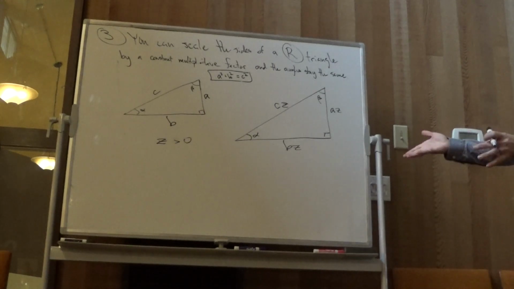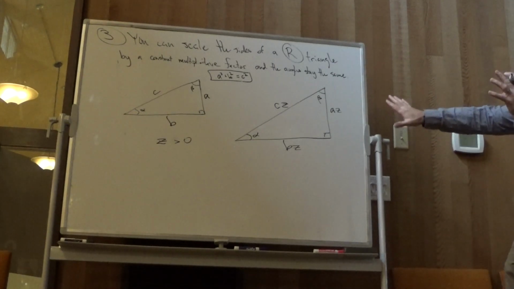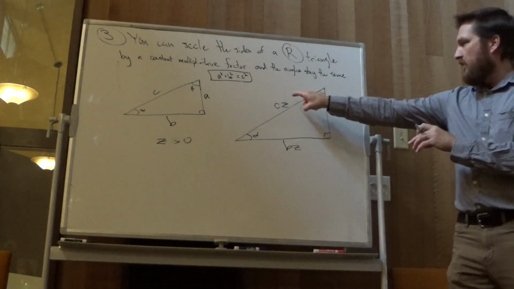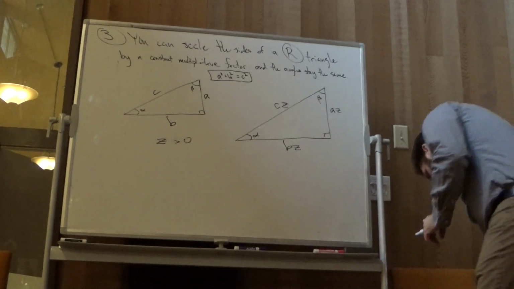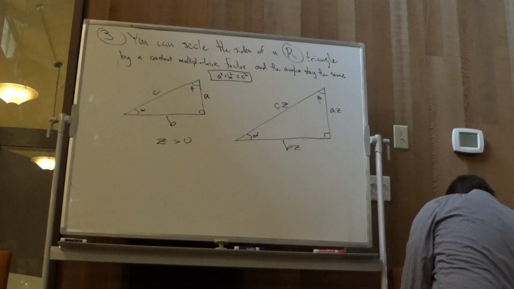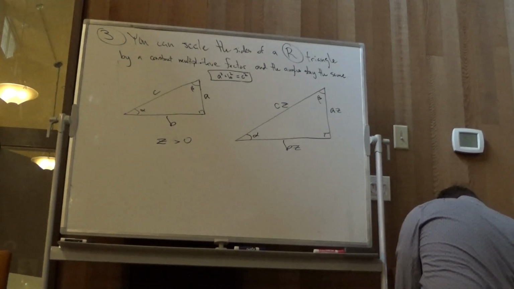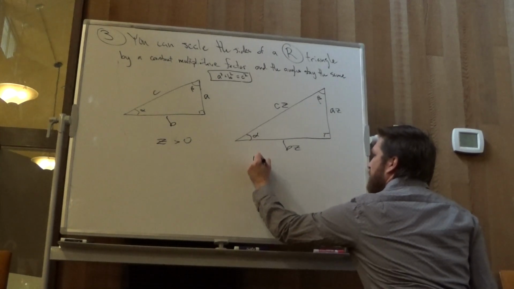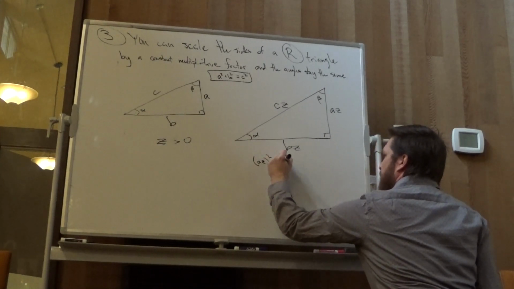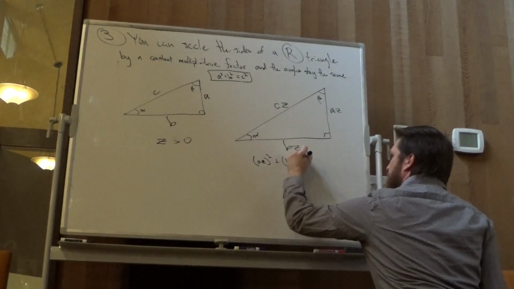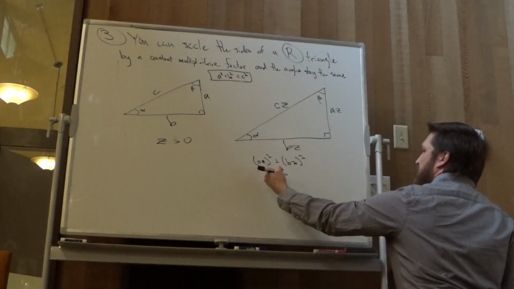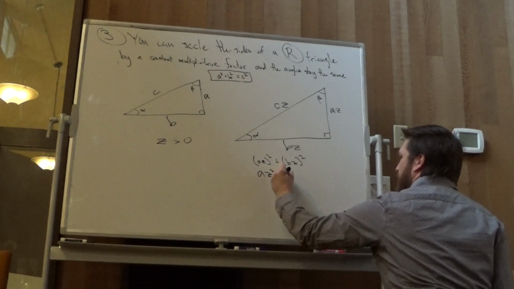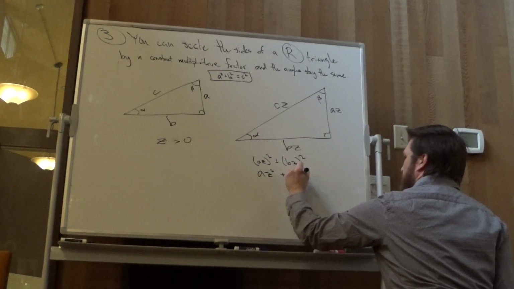And now let's just check. Is this still true? If I take this squared plus that squared, do I end up with that squared? Okay, so let's do it. AZ squared plus BZ squared. What's AZ squared? A squared, Z squared. There you go, that's how I want to write it. A squared Z squared plus B squared Z squared.